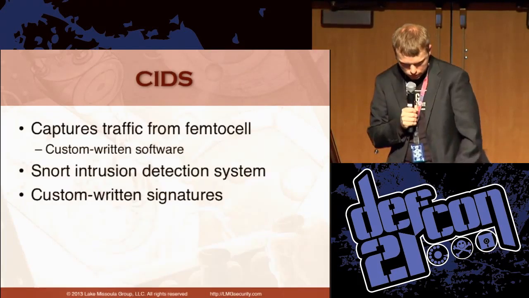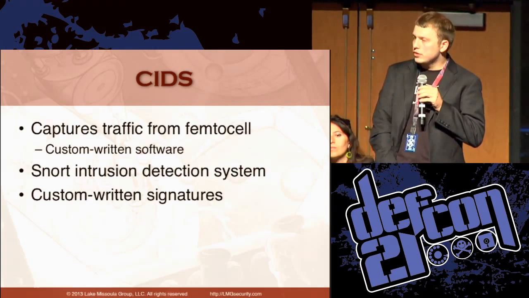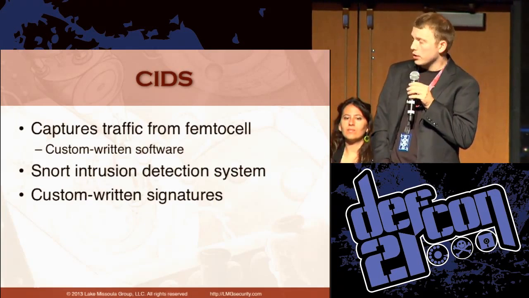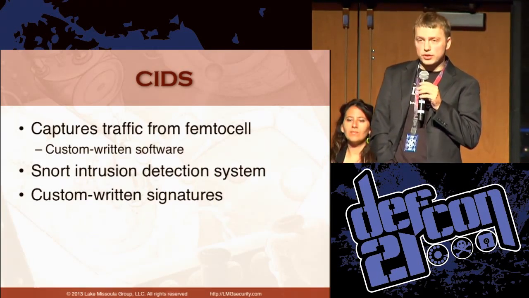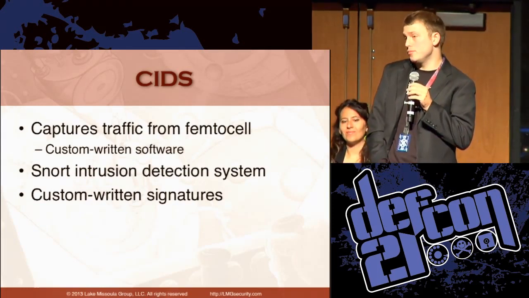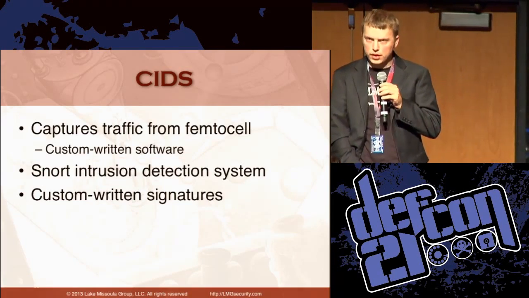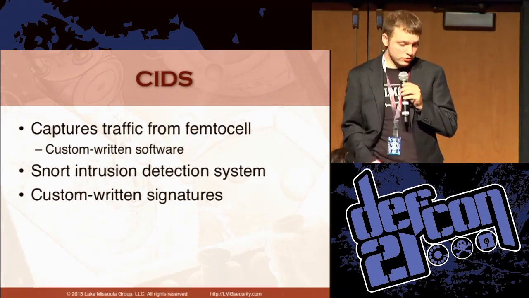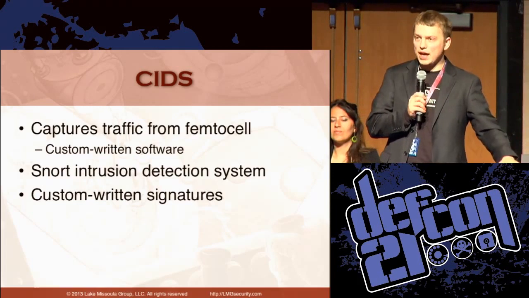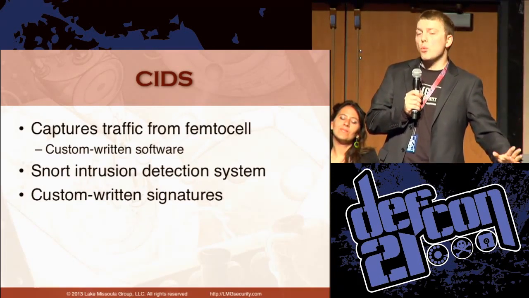Let's see. So, cellular intrusion detection. When we set out to do this project, we were looking at network forensics, like, hey, let's see what we can see about the cellular network. And it quickly became this big project to even get access to it. As soon as we did get access, we said, okay, what can we do?